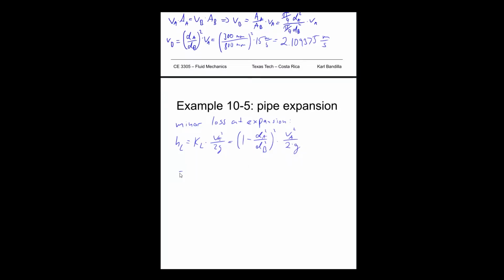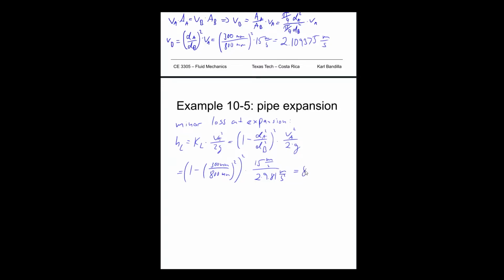So let's plug in some values here. 1 minus, we can do the same as we did up there. So that would be 300 millimeters over 800 millimeters, squared, times VA, which was 15 meters per second, divided by 2 times 9.81 meters per second squared.